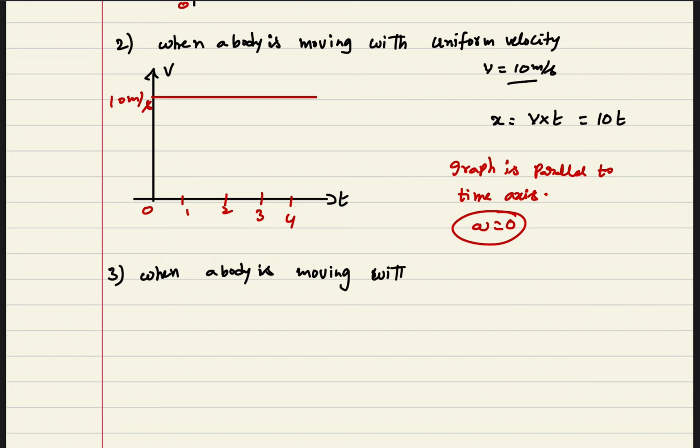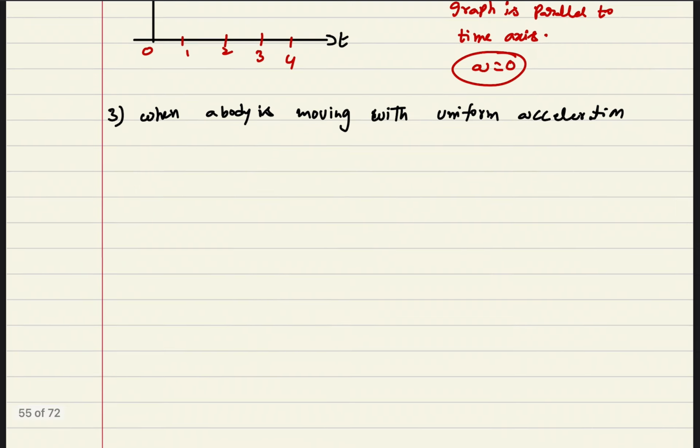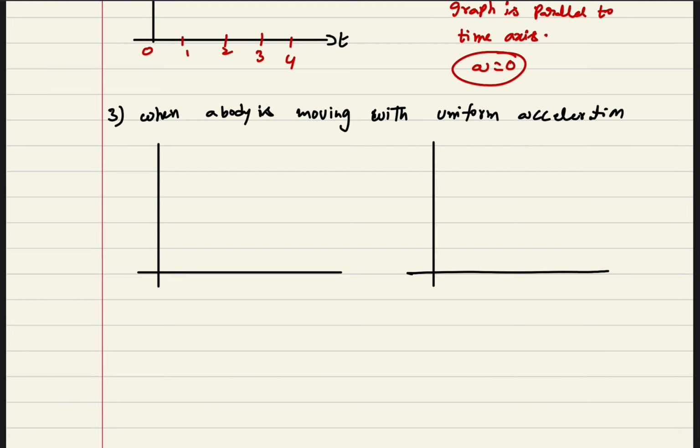Okay, next graph is when a body is moving with uniform acceleration. I am writing different cases now. You can take different graphs also, but I am taking just two graphs here, velocity v and time taken t.